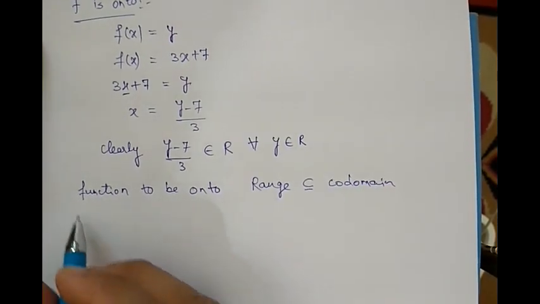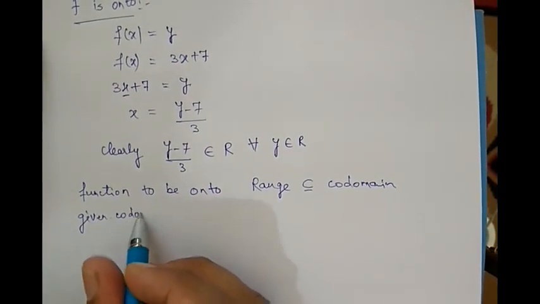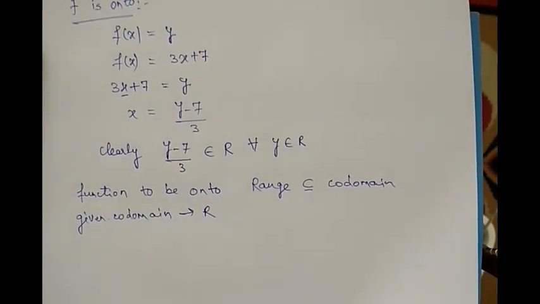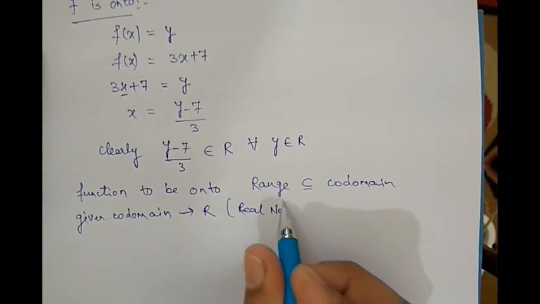In this question, the given codomain is R. R means real numbers.